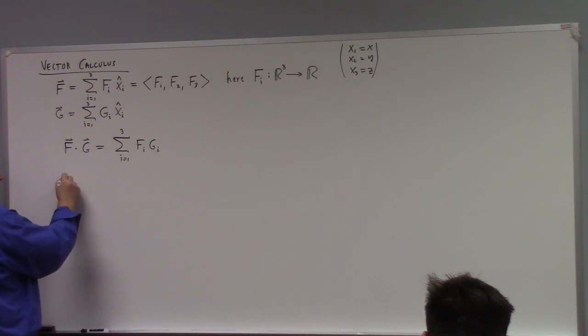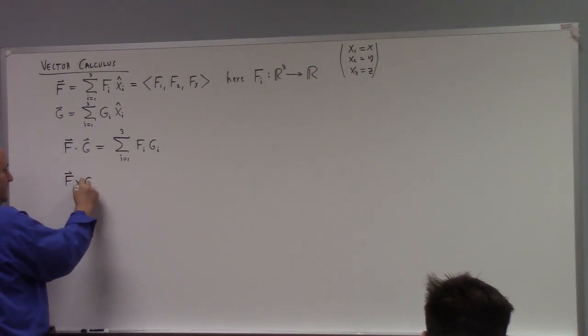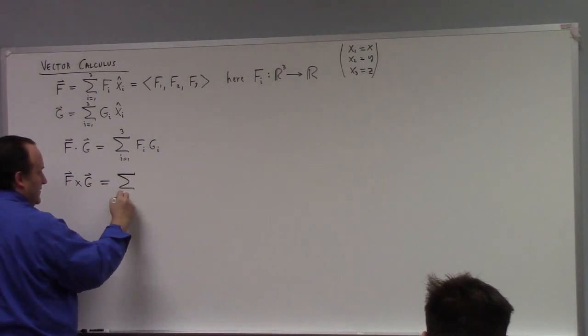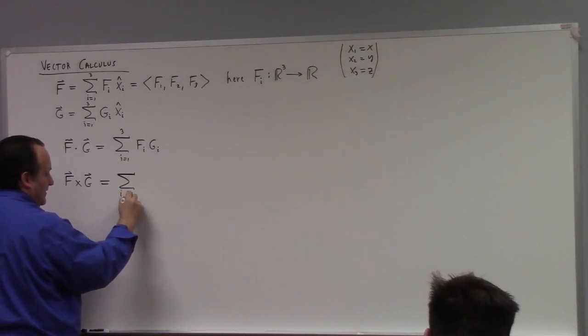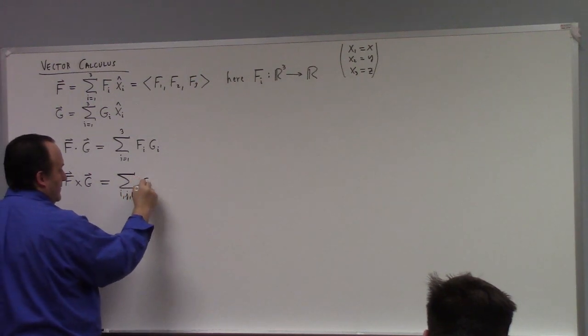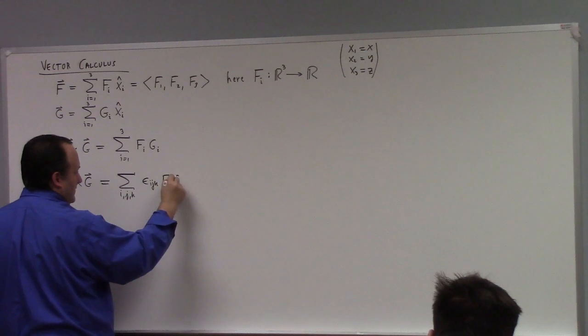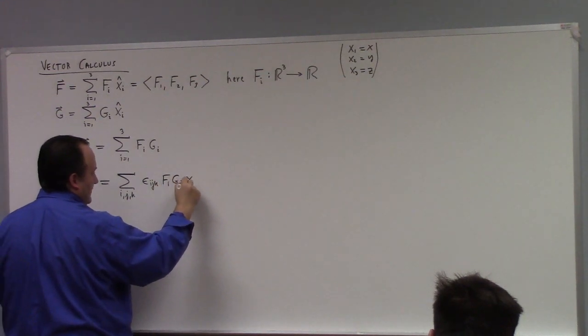We can also define the cross product of two vector fields. And the super slick formula for that is this: the sum over i, j, k of epsilon i j k, f sub i g sub j, x hat sub k.